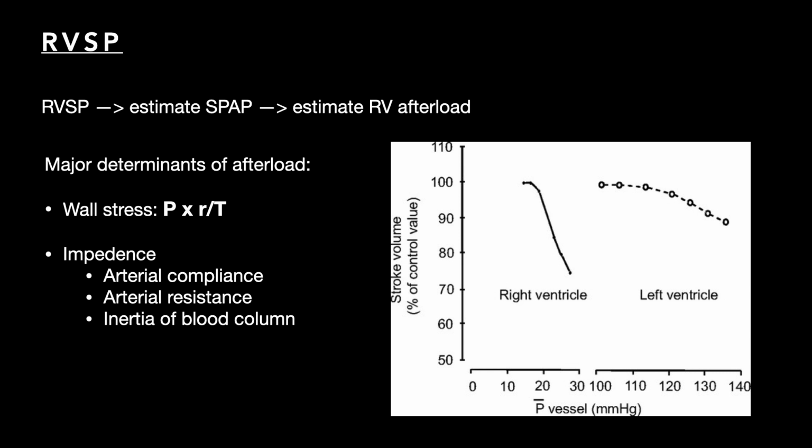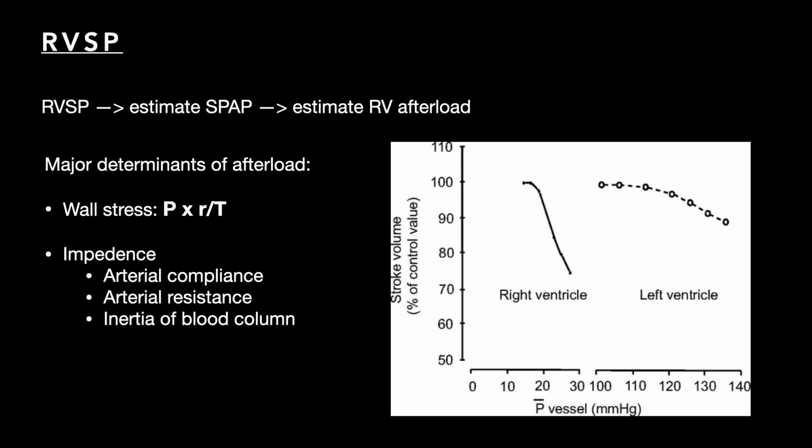And wall stress can be described by the law of Laplace and therefore depends on the transmural pressure, P, which is the difference between the intrathoracic pressure and the ventricular cavity pressure. And an increased transmural pressure increases afterload, and a decreased transmural pressure, like with positive pressure ventilation, actually decreases afterload.